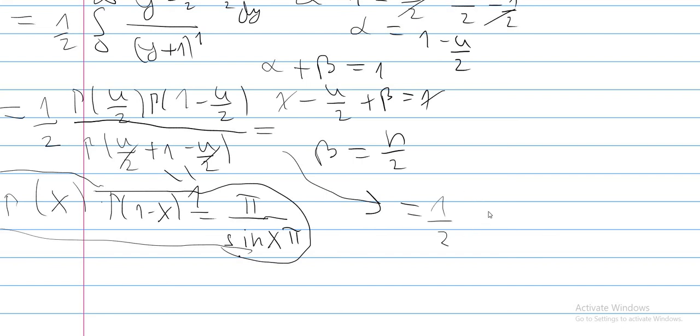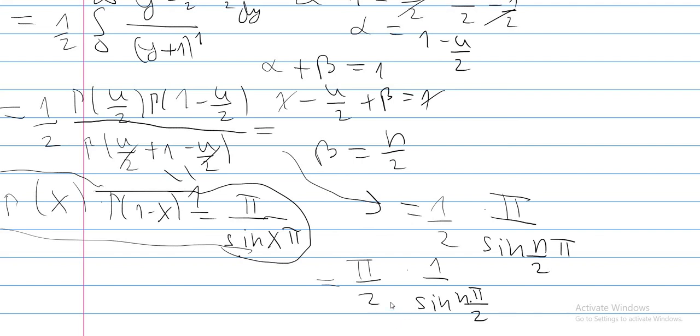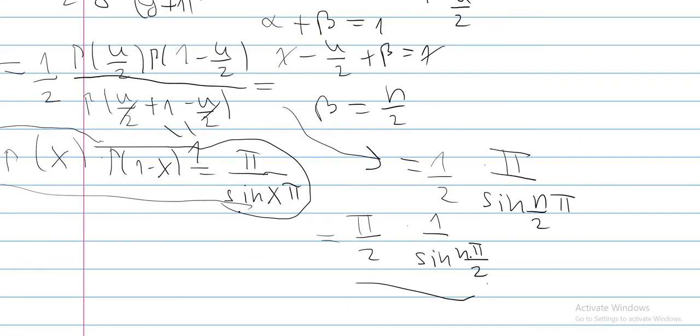We get 1/2 times pi over sine of n/2 times pi. So what do we get at the end? Pi over 2 times 1 over sine of n pi over 2. This is the result.